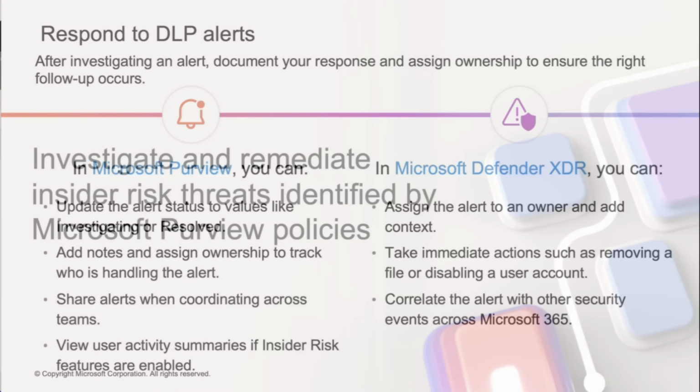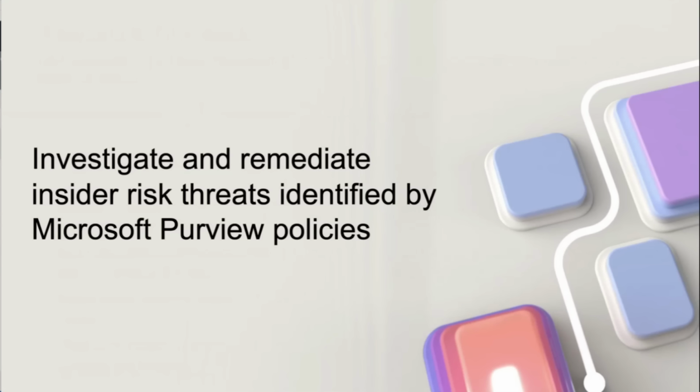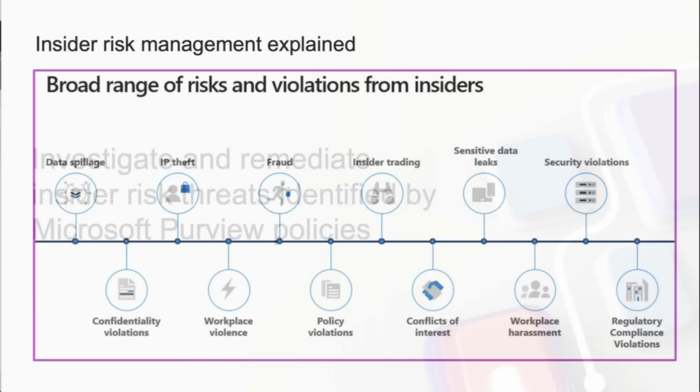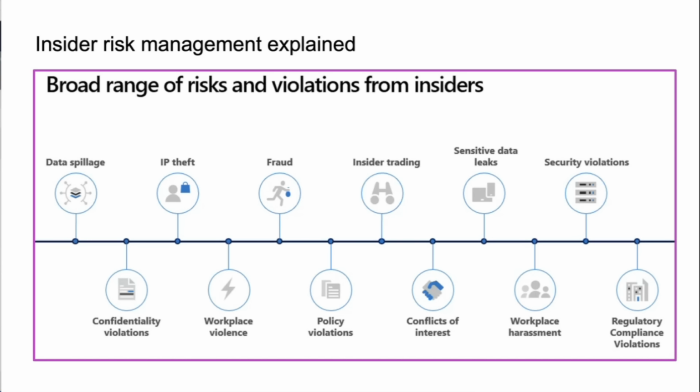So we can start to dig in and get more view of what's going on. With Purview policies, insider risk is critical. So understanding what types of risks there are. And there's a lot of things to think about on these slides. I'm not going to go into all of those because we haven't got time, but you can imagine that there are all sorts of violations potentially for all sorts of reasons.